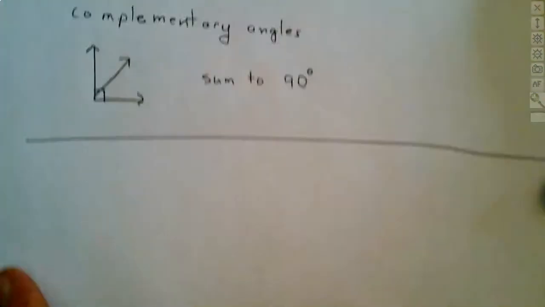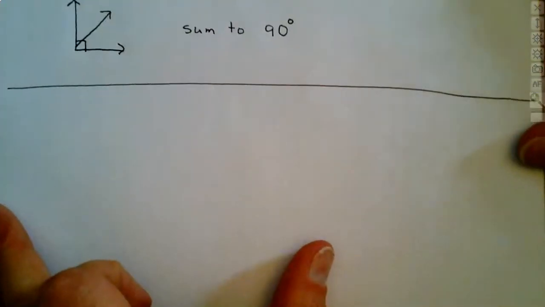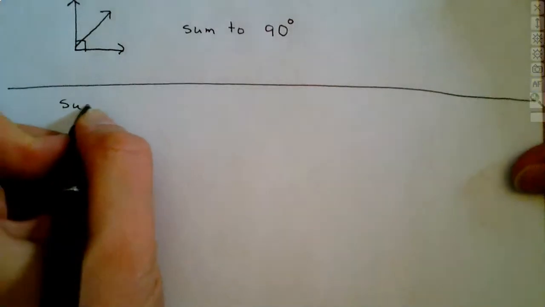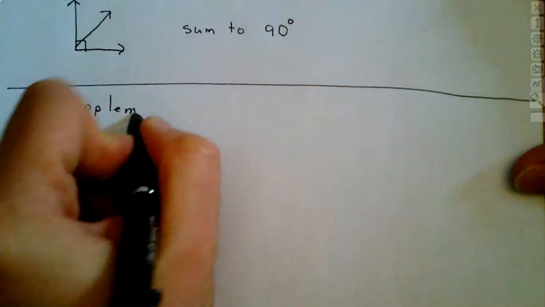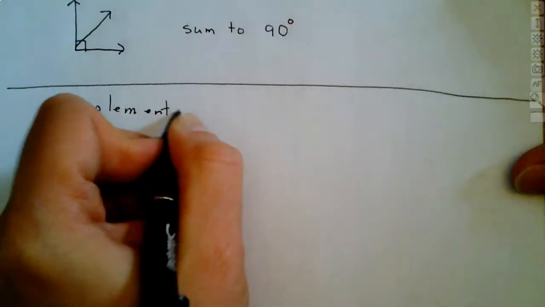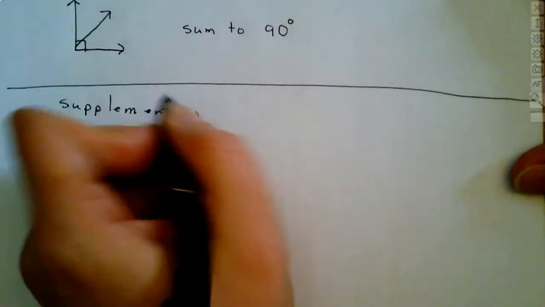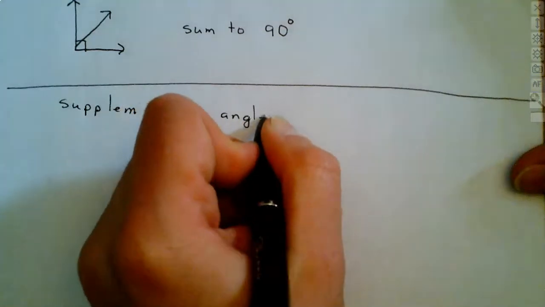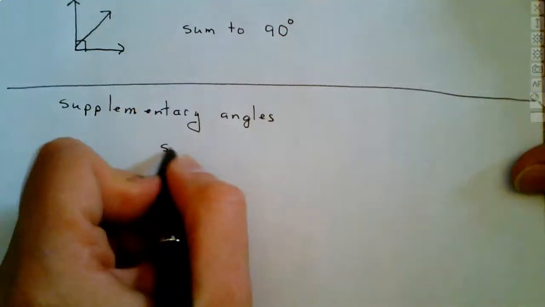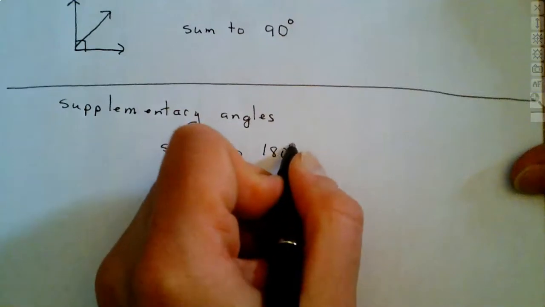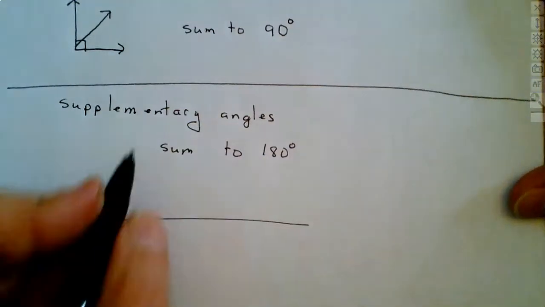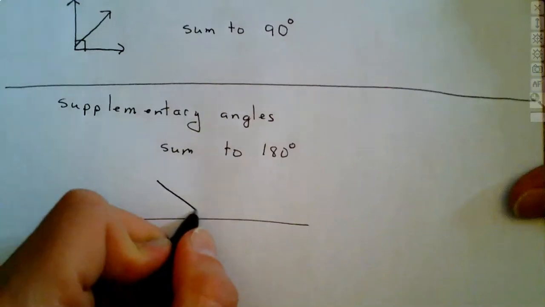Supplementary are straight lines. So supplementary angles, they sum to 180 degrees. So this is an example of a supplementary angle.